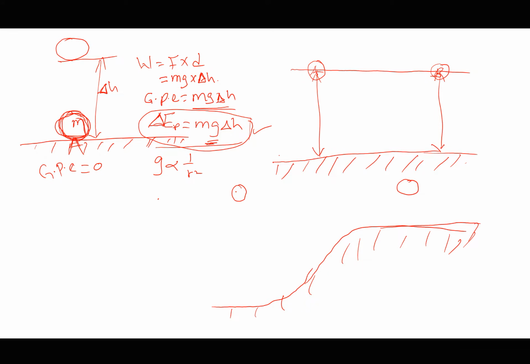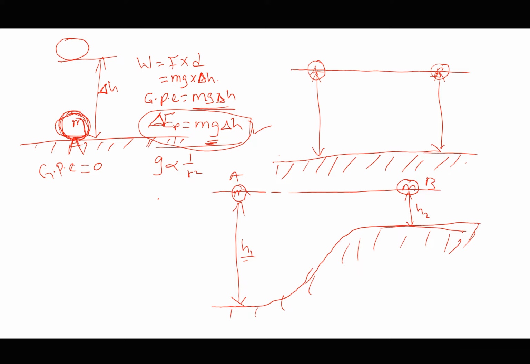Even if these two objects have the same mass and are at the same horizontal level, somebody would say that, with reference to the Earth's surface, this one has a higher gravitational potential energy because of its h from the Earth's surface. Another person would say this one has a smaller gravitational potential energy if this is its height from the Earth's surface. These two people could be correct.